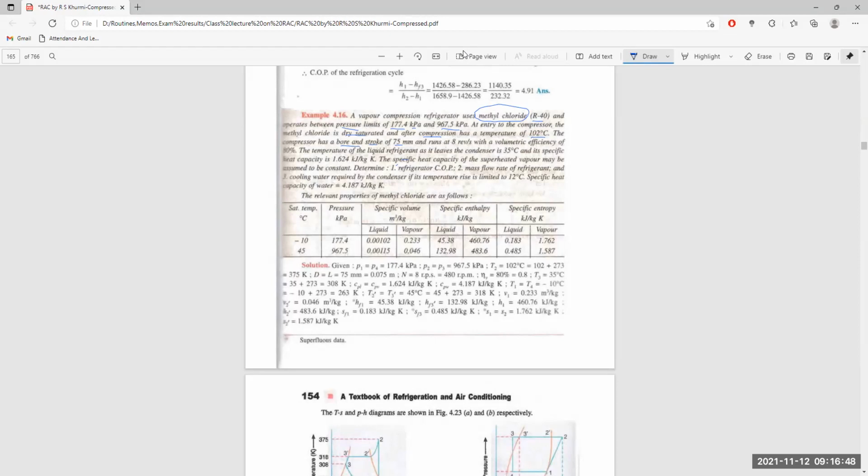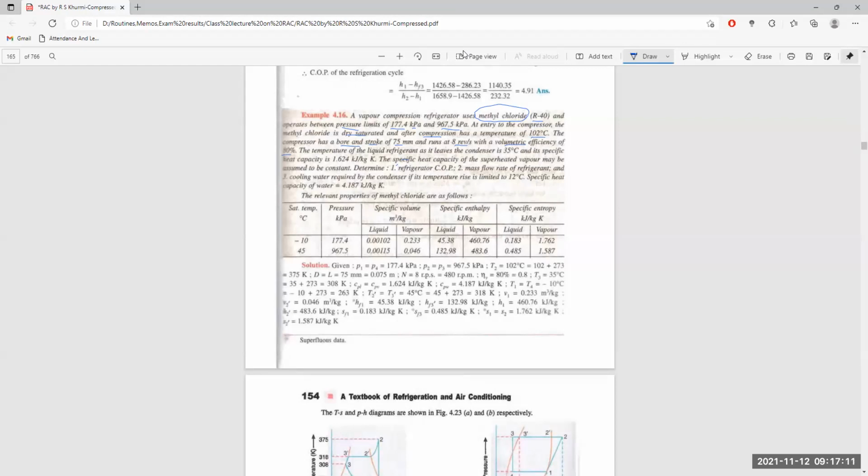It runs at 8 revolutions per second, so the rate of supply of the refrigerant per second is available from here, with a volumetric efficiency of 80%. Means it's not 100% efficiency. It uses 80% of its capacity here.